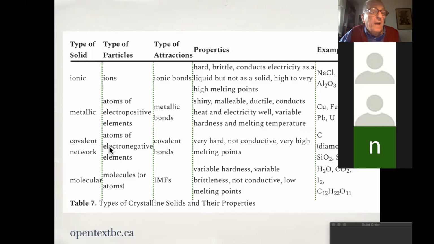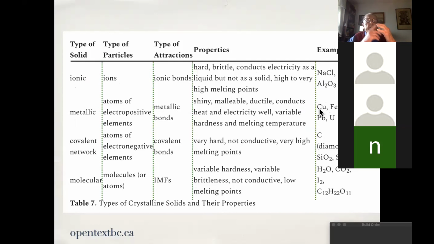We have ionic crystals, which consist of ions. They are bound by ionic bonds, and they are hard, brittle, conduct electricity as a liquid but not as a solid, and have high to very high melting points. Typical examples are kitchen salt and aluminum oxide. Metallics are malleable, ductile, conduct heat and electricity, and so forth.